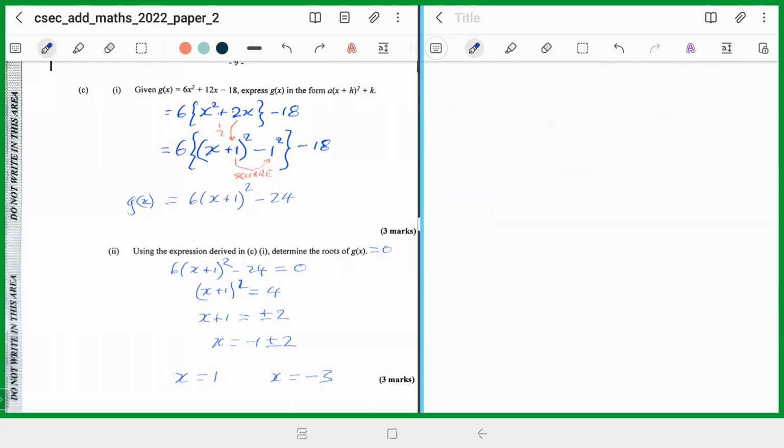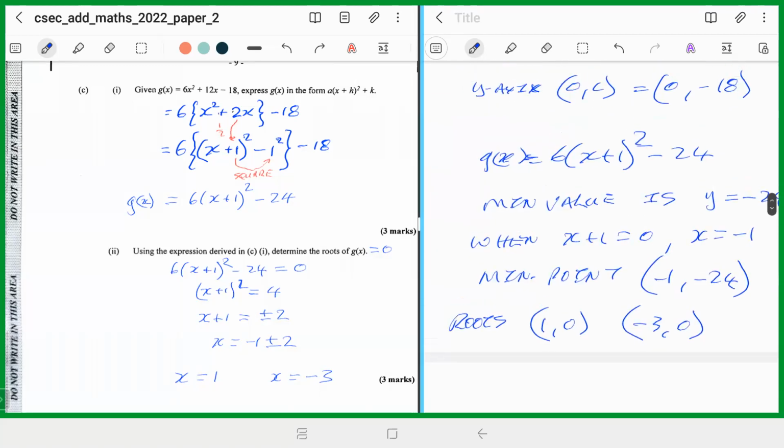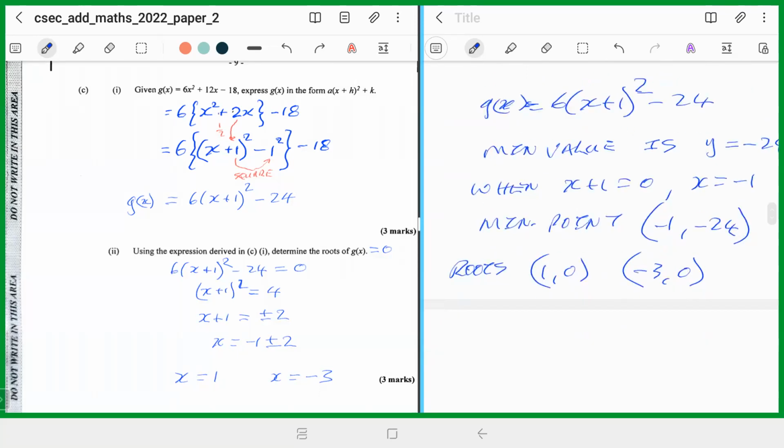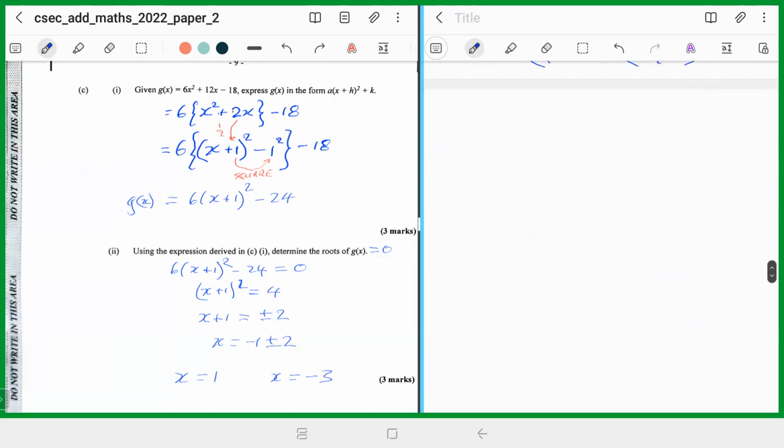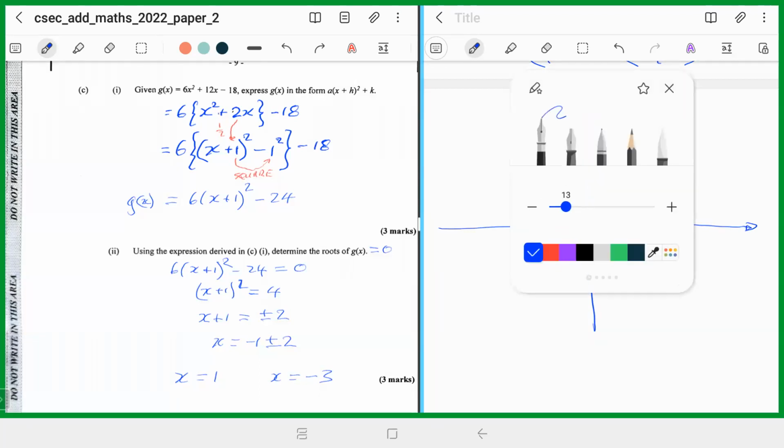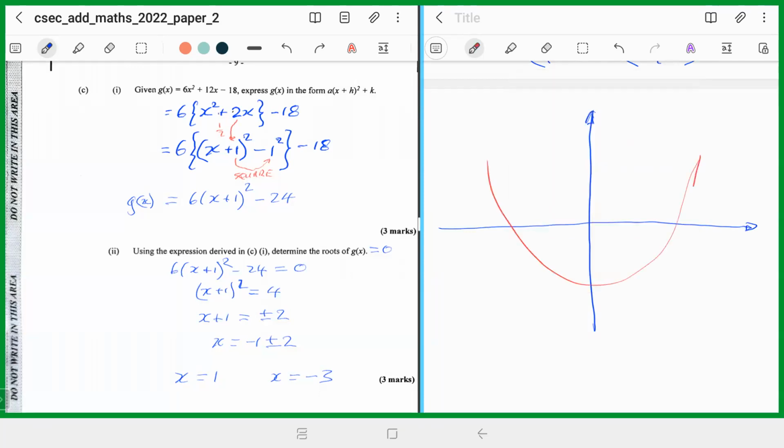So let's say that this is my sketch. What's the turning point again? Negative 1, negative 24. Y-axis, x-axis. I don't care about the coordinates just now. We know that the graph has a smile shape. Just a matter of where it turns.